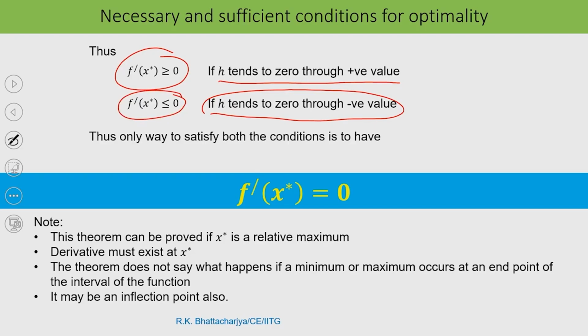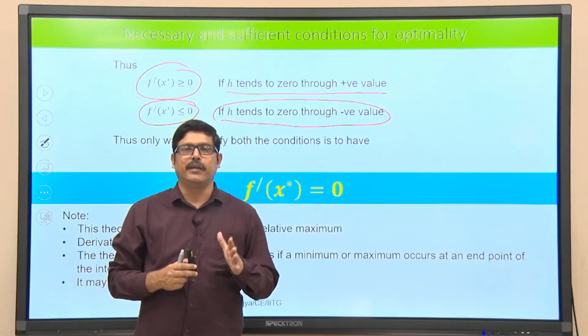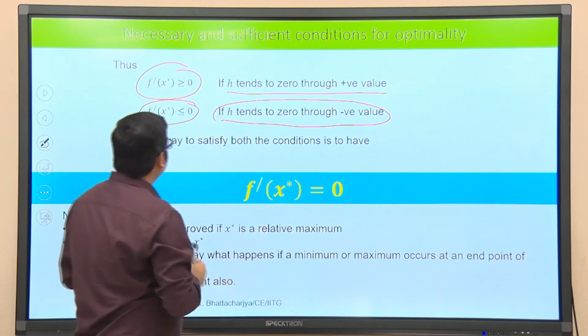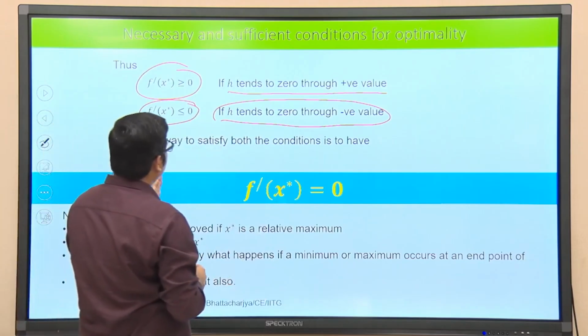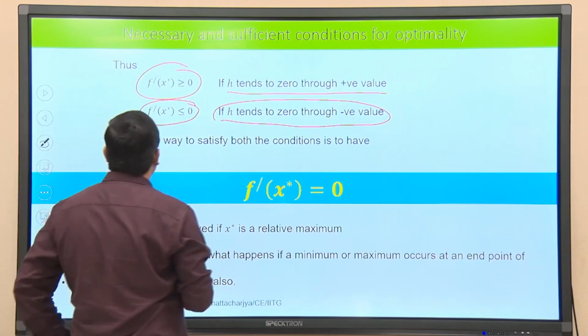Okay. So, I hope this is clear. What I am telling here is, if you are approaching from the right hand side, the derivative will be positive, and if you are approaching from the left hand side, the derivative will be negative. So, therefore, the derivative's sign depends on how you are approaching x star.